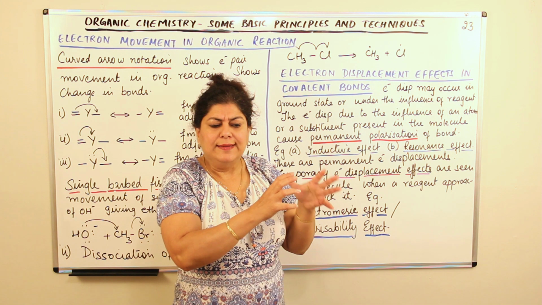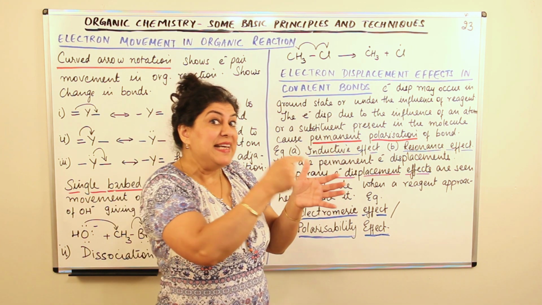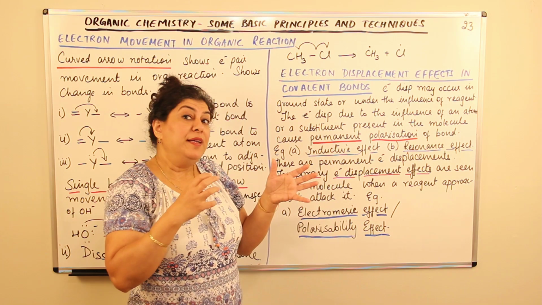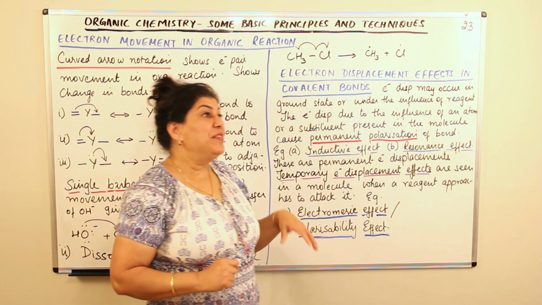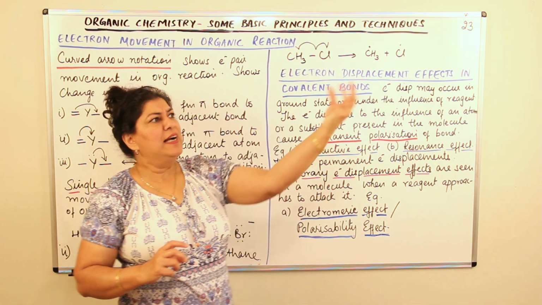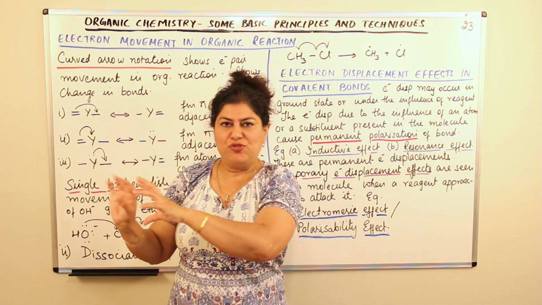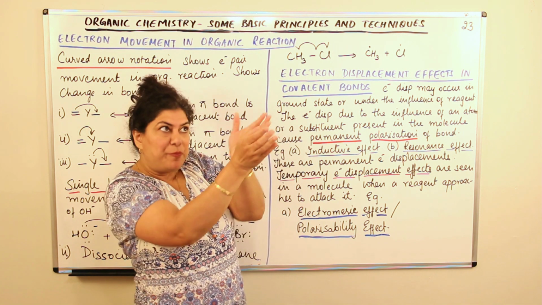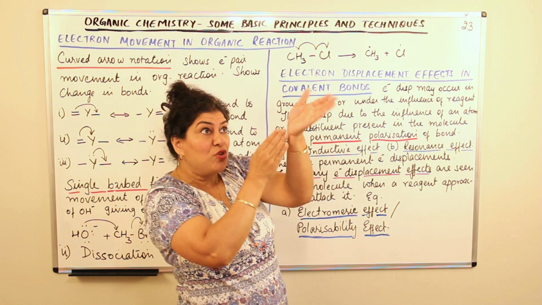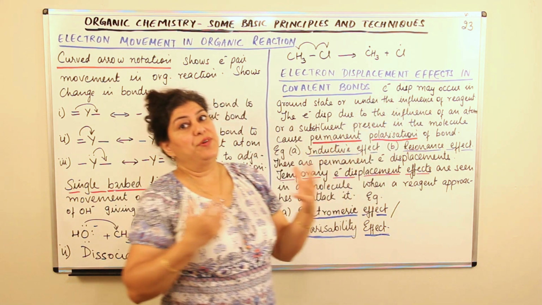Or there is a possibility that the electrons are getting displaced as a result of an attacking reagent. The attacking reagent has a tendency to either push electrons or pull electrons. Therefore, the electrons in the presence of that attacking reagent will either get attracted to it or get repelled from it.